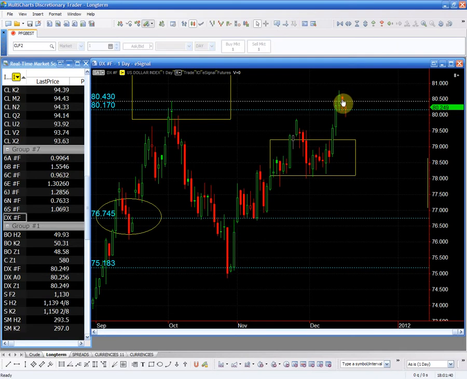As you can see, we broke below one structure point, we sold off right to test the second one, which is the 80.17.